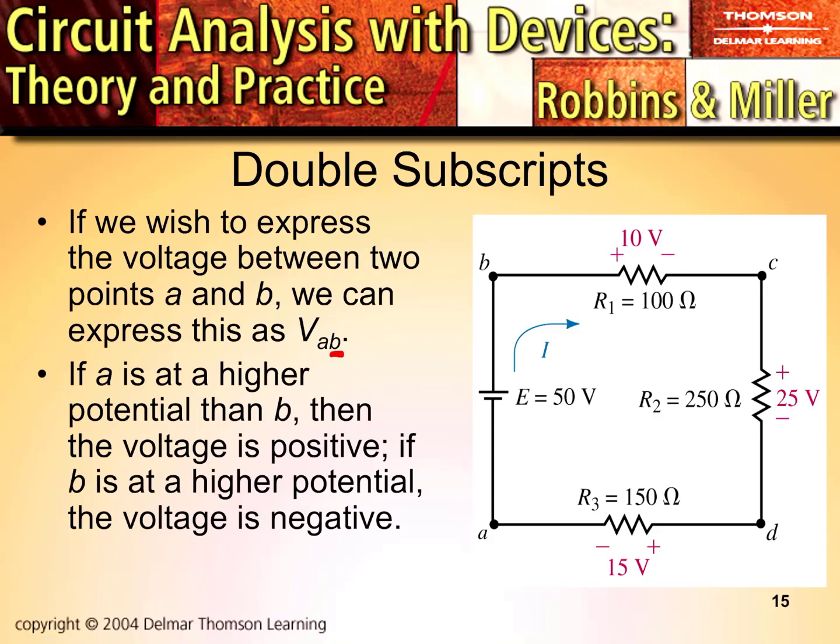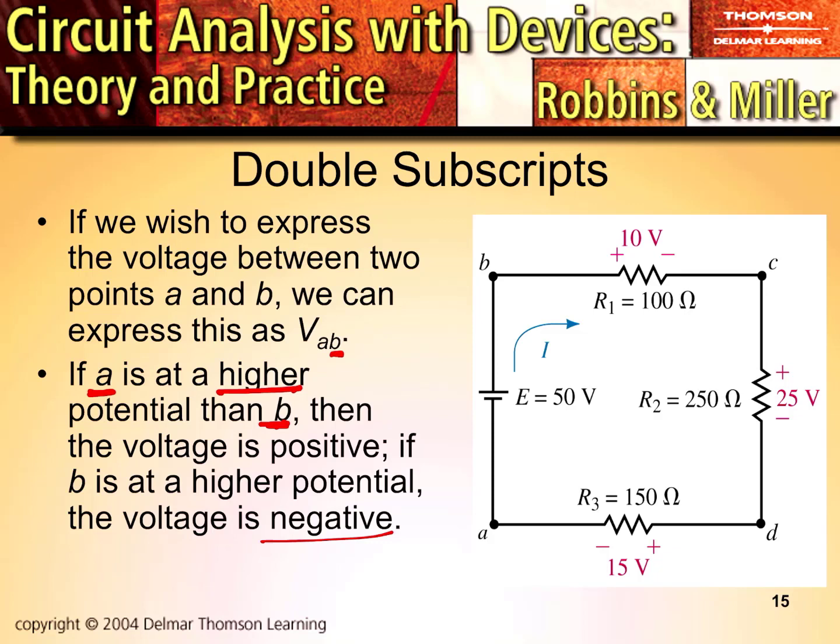If B is at a higher potential, the voltage is negative. So if A is higher than B, it's positive. If B is higher than A, it's negative.